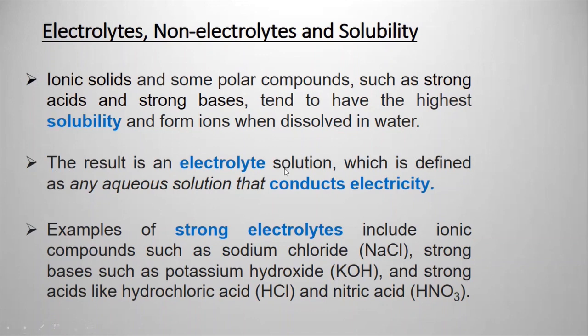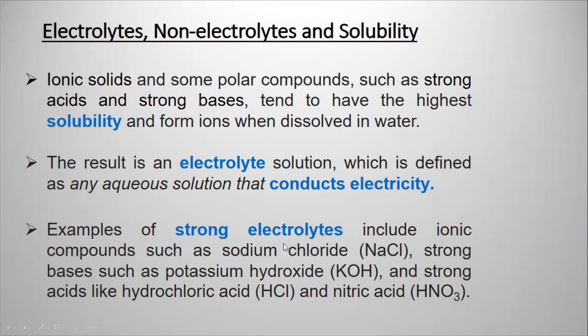And what does an electrolyte mean? Electrolyte means it will conduct electricity. So if you have wires going through the solution, these wires basically will be able to conduct electricity through the solution and will be able to light up a bulb if you have a bulb at the end joining both wires.